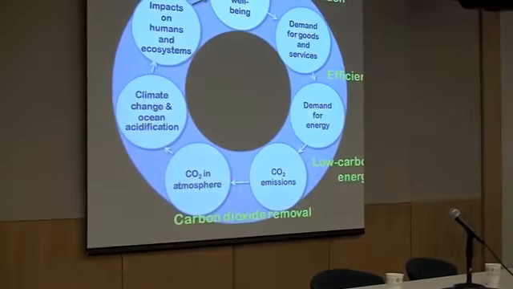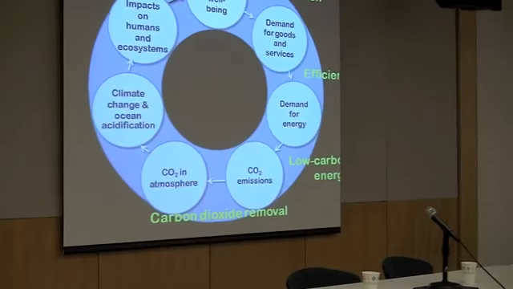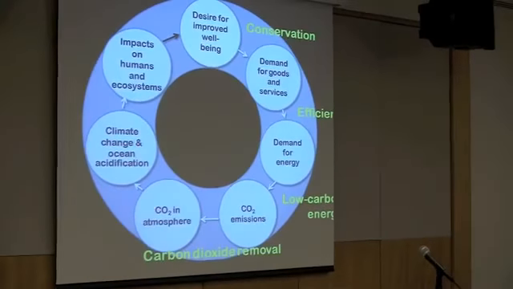And then there's this concept known as carbon dioxide removal, which I'll go into in a bit, but the thing you're probably most familiar with is the idea of planting trees to take carbon dioxide out of the atmosphere and try to break the link between these emissions and atmospheric CO2 increases.